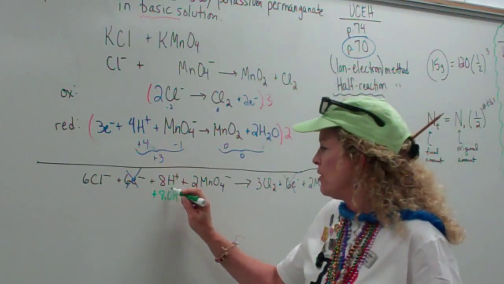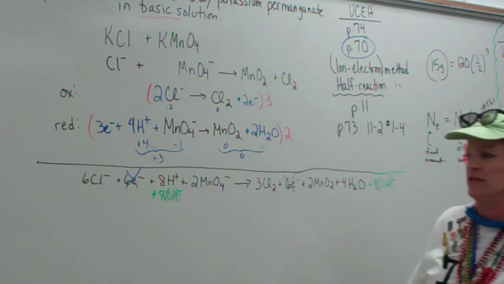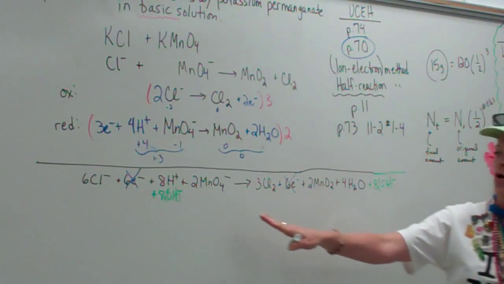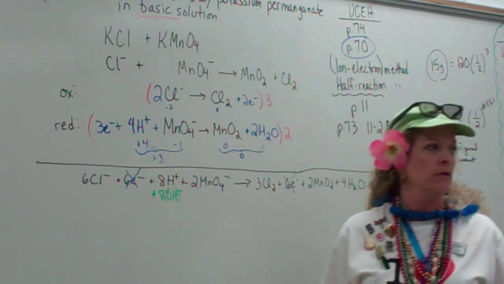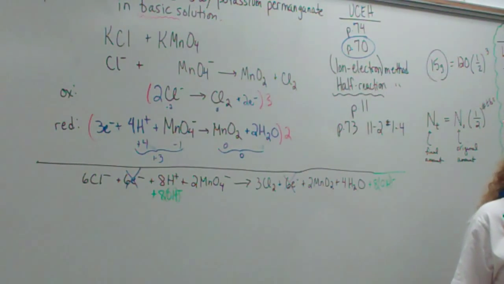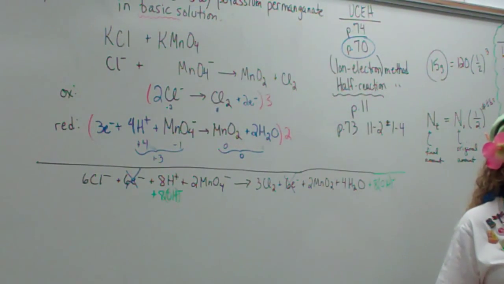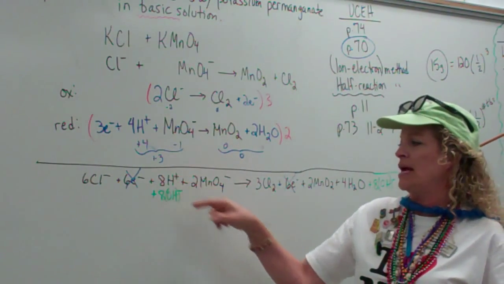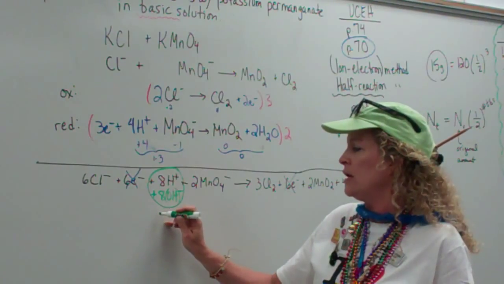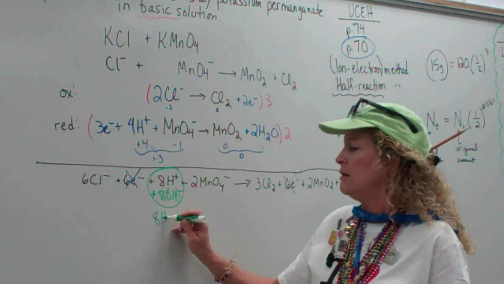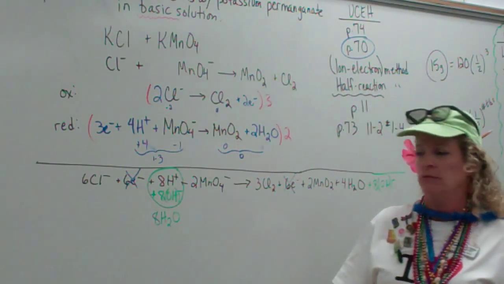Yeah, maybe that's better. 8 OH minuses. Okay, so now, what do H plus and OH minus make? It makes water. Does everybody see that? It's like they're going to neutralize each other. So this really is making 8 waters.